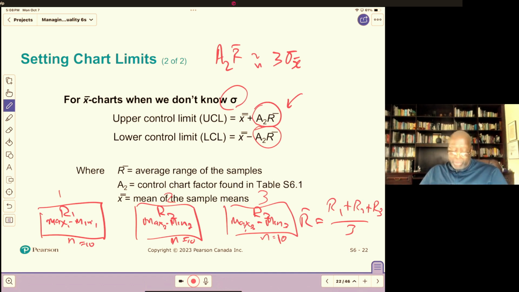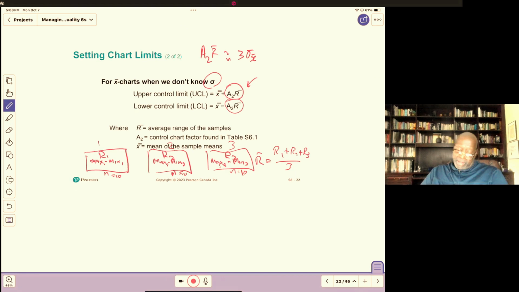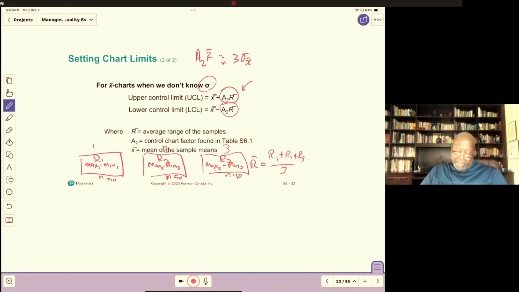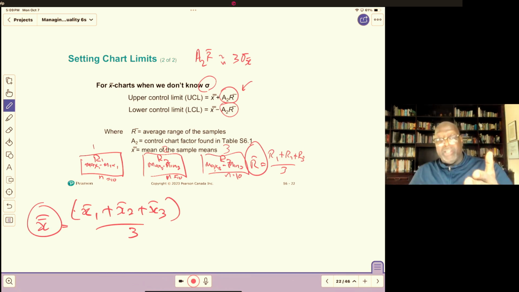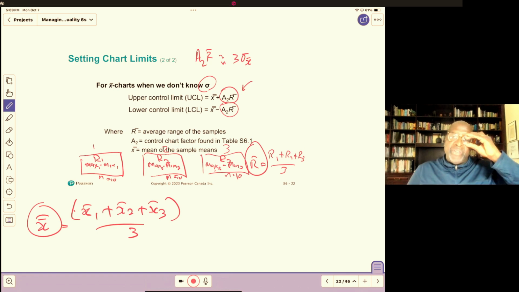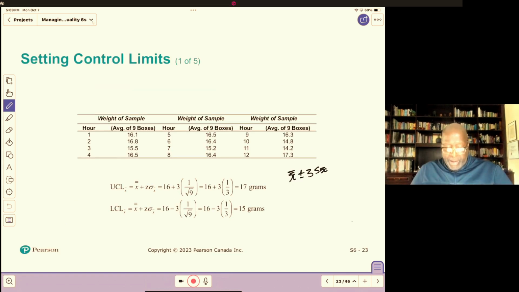And the X double bar would simply be X bar 1 plus X bar 2 plus X bar 3, since we only have 3 samples, but within each sample we have 10 observations. We add those up and divide by 3. That gives us our X double bar. So using this X double bar and this R bar, we could get an X bar chart and a range chart. We will talk about that shortly.